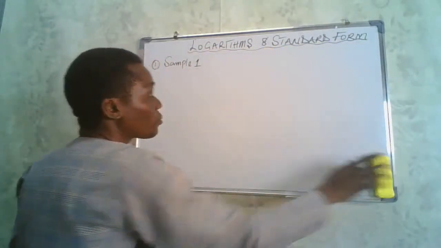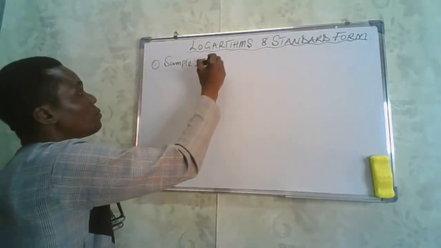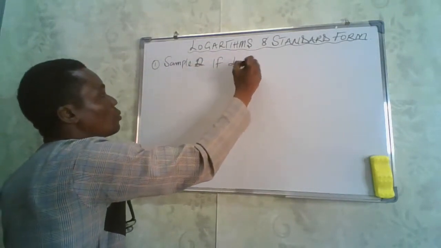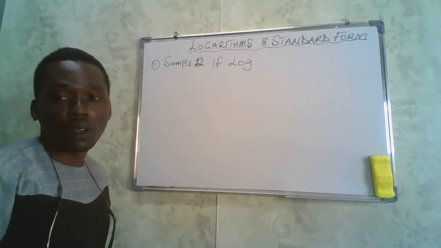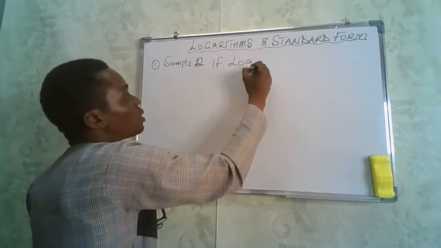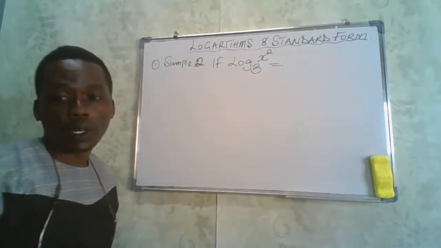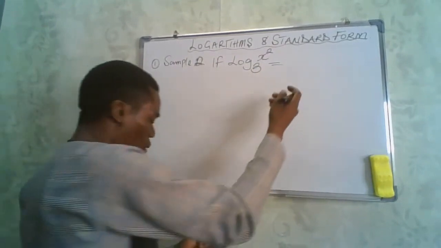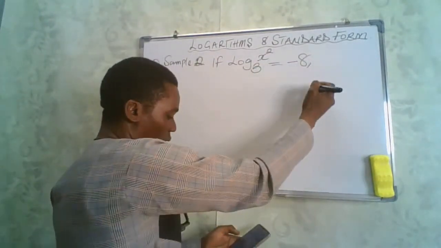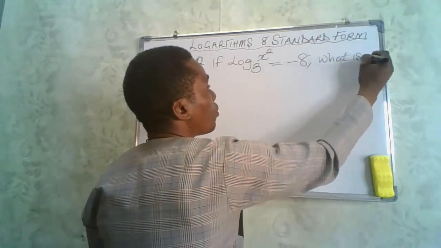In that question, sample 2, we are told that if the log of x squared to base 3 is equal to -8, you are asked: what is x?